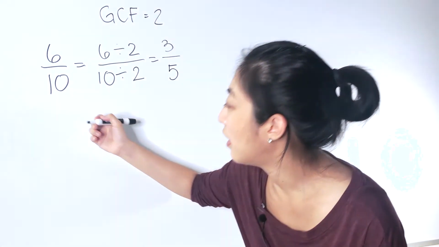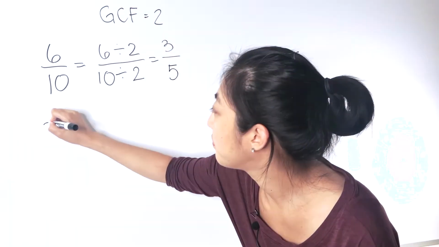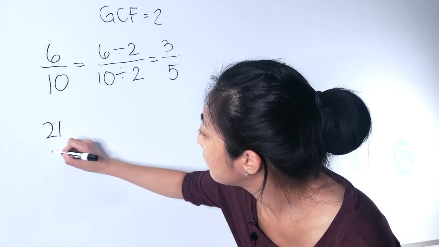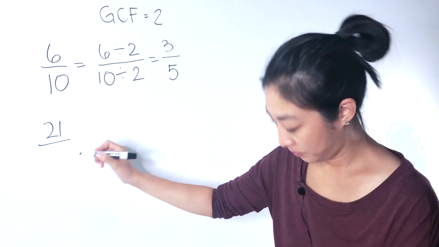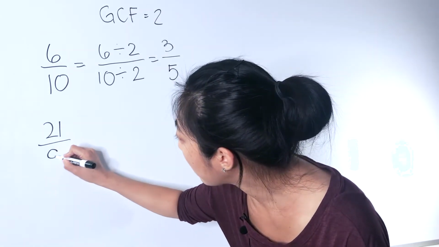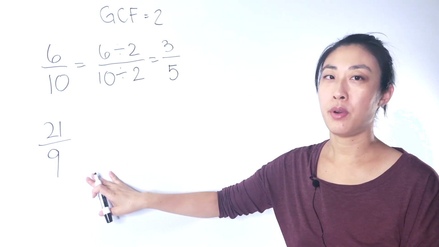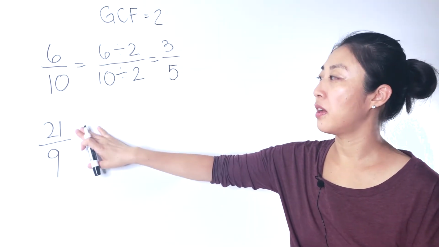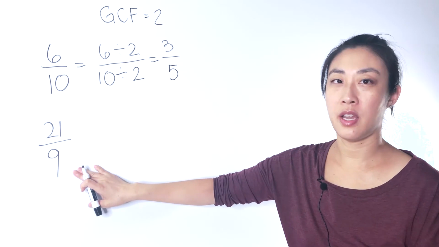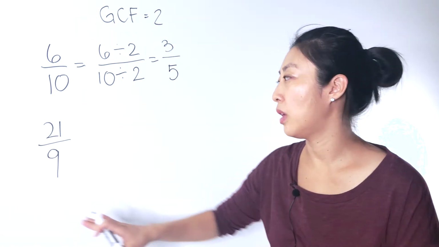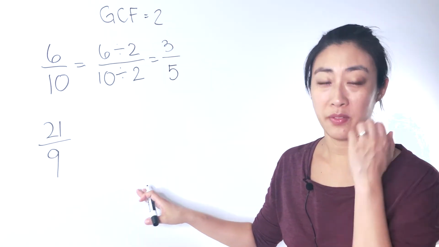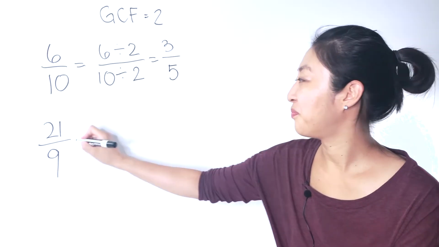So here's a fraction. Let's do 21 over 9. If you remember, this is an improper fraction, because the numerator is larger than the denominator and it doesn't have a whole number in front, but you can still simplify improper fractions.